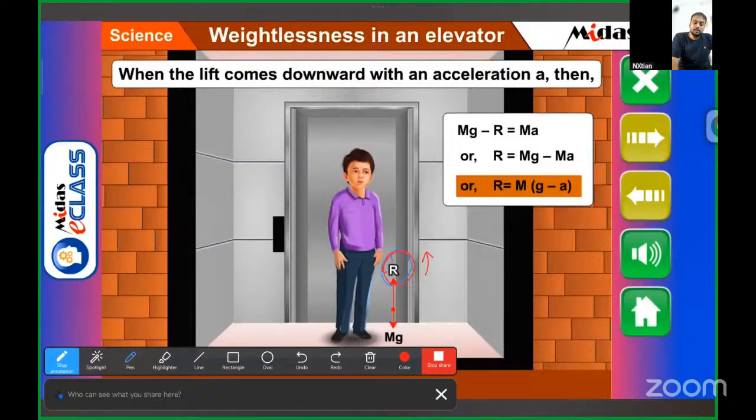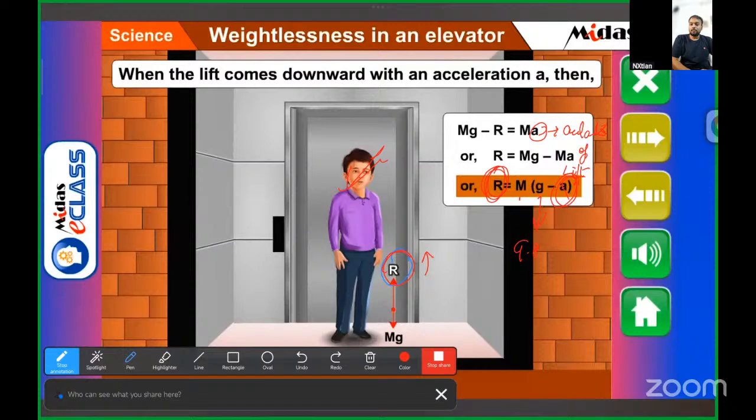This ma is nothing else, it's the acceleration of the lift. So R, the reaction force, is basically m, the mass of the boy, times g, the acceleration due to gravity, which is 9.8, minus a, the acceleration of the lift. So if the lift is accelerating fast, you will feel more weightlessness.